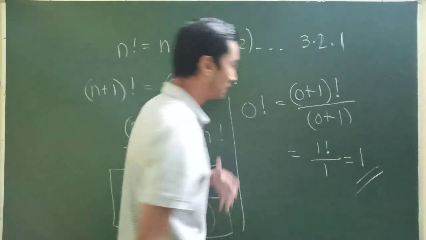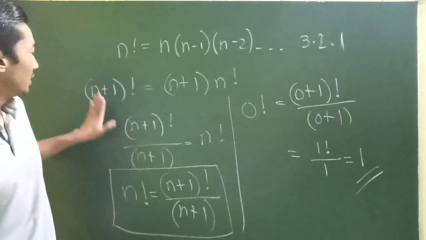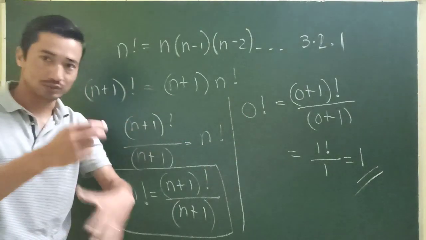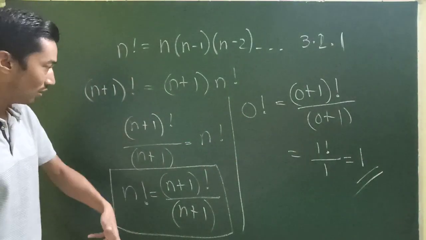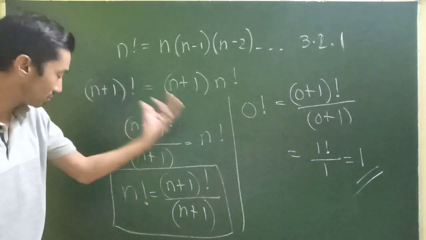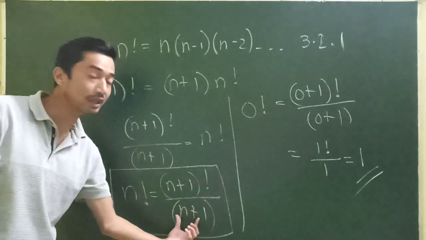So many things can be done. Getting back to it once again, we all know that n plus 1 factorial is equal to n plus 1 into n factorial. That means if I cross multiply, we can rewrite that as n factorial equal to n plus 1 factorial divided by n plus 1.